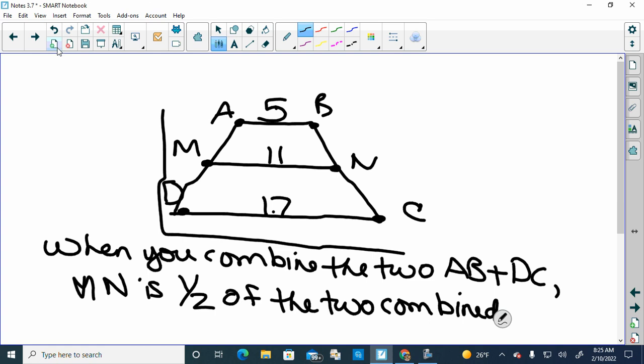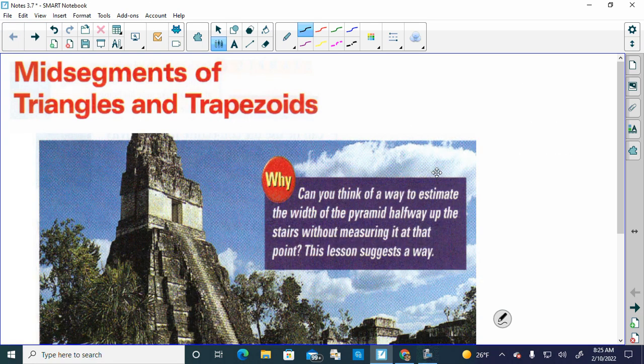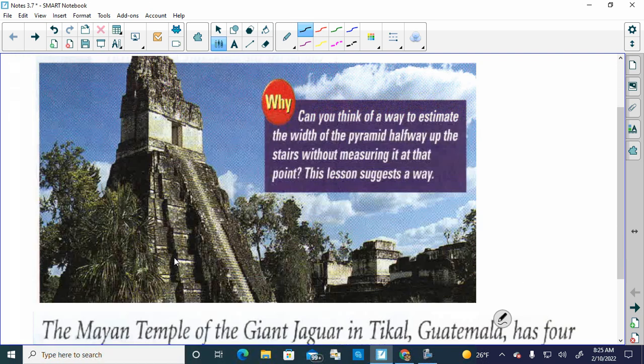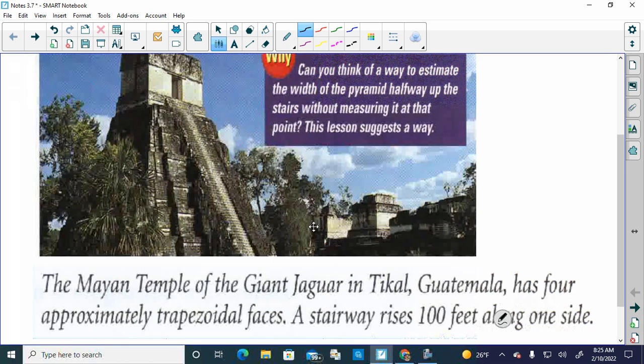Okay, so now back to our notes and filling in some of our vocab. Anybody still writing that? Okay. So in our drawing where the book starts out, and this is one of the questions that is actually in the book, we have a pyramid here, okay? So it says that you could actually determine where halfway up is.